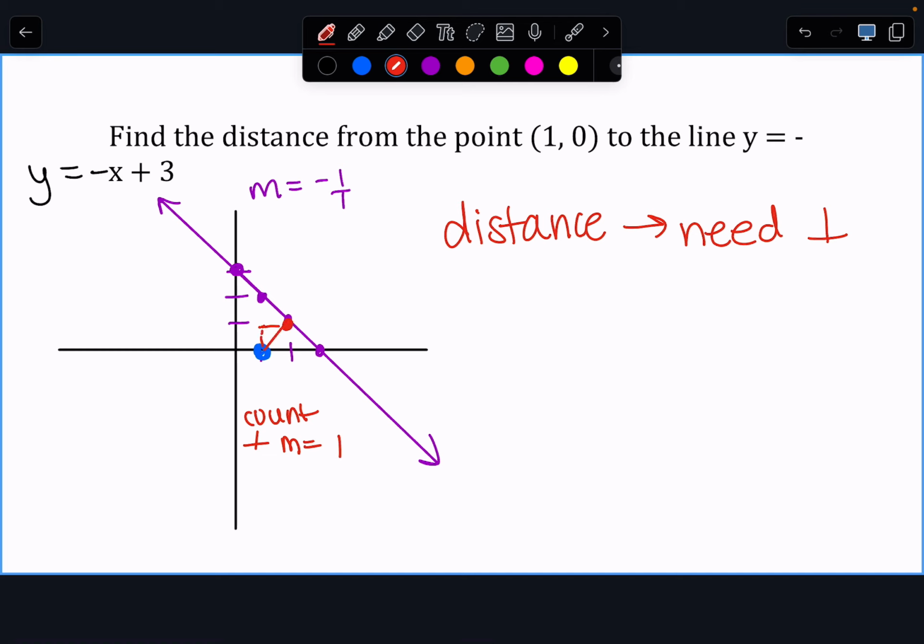I need that distance right there. So what we need to do is find the distance between the coordinate (1, 0) and the coordinate (2, 1).